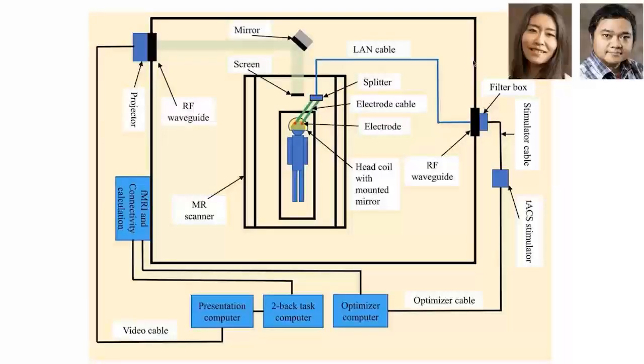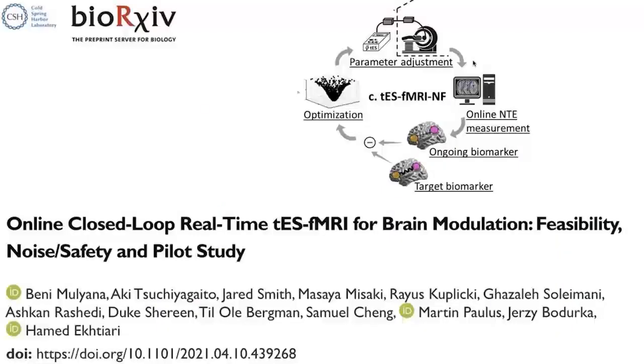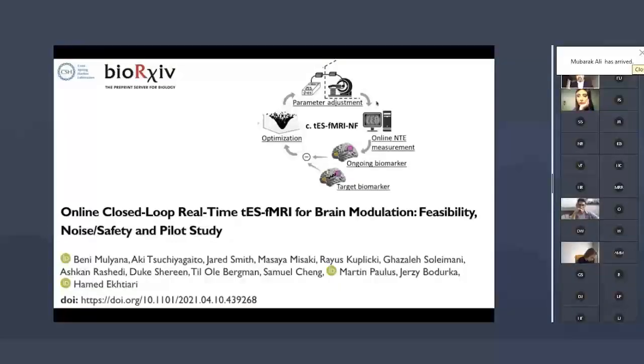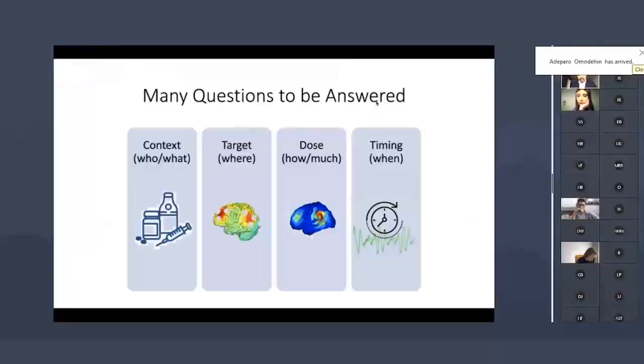We have recently been able to put together a full setting for closed loop TES fMRI, and we put together a recent protocol paper about the feasibility of this kind of new setting that could optimize the timing of the stimulation at an individual level. And this has recently been accepted in Brain and Behavior, so it will be out soon. So these are the questions that we have and how we might be able to address optimization issues, specifically in the field of addiction neuromodulation.